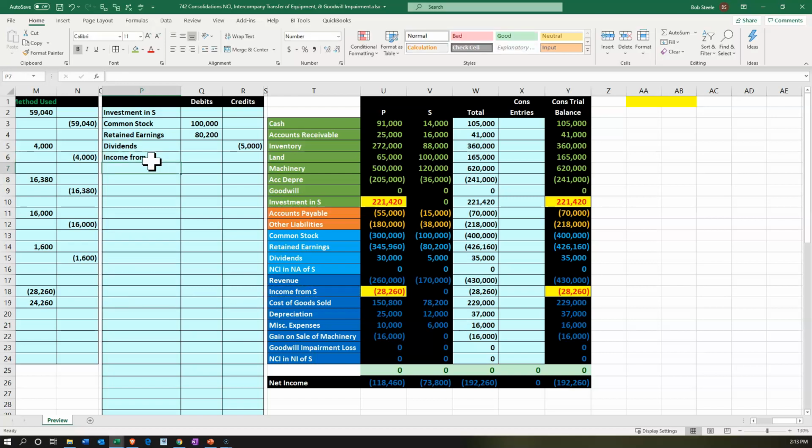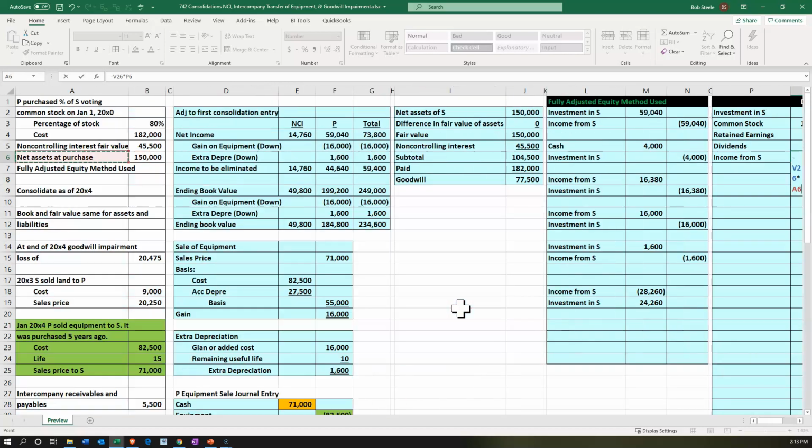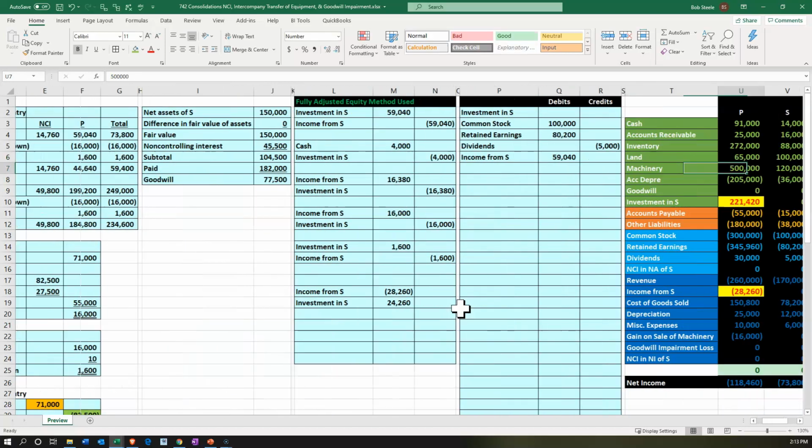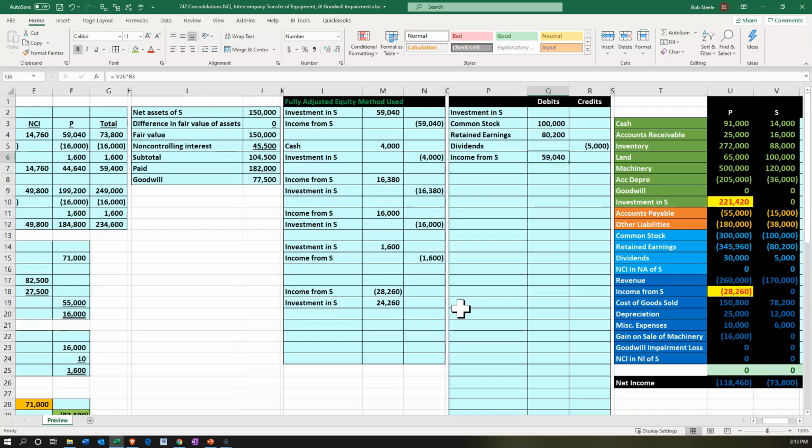Then we typically think about the income from S. I'm going to do the normal calculation, and then we'll make the adjustment for it. Normally, I would take the net income of S, revenue minus expenses, times their portion, the controlling interest, in this case 80%. But we're going to adjust this to what we did over here.